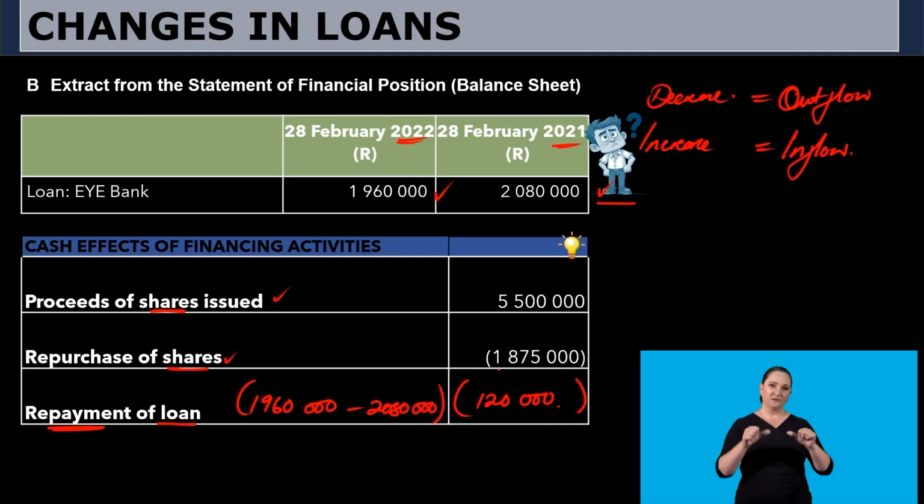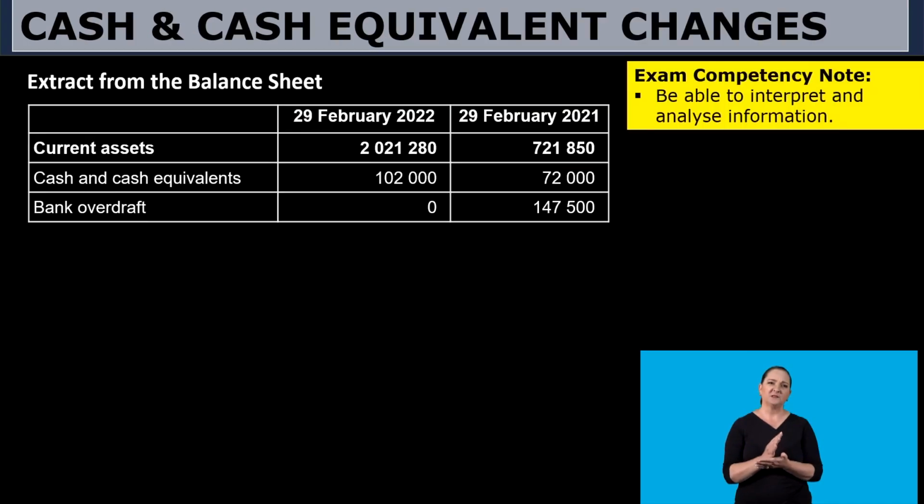Okay, I'm going to move on to the last part of the cash flow statement, that is the cash and cash equivalents. And we look at the changes that would have happened in cash and cash equivalents. Now, it is very important, dear learners, that at times when the examiner tests you on the entire cash flow statement, they can ask you to calculate the cash effects from operating, then you add the cash effects in investing, and then you add the cash effects in financing.